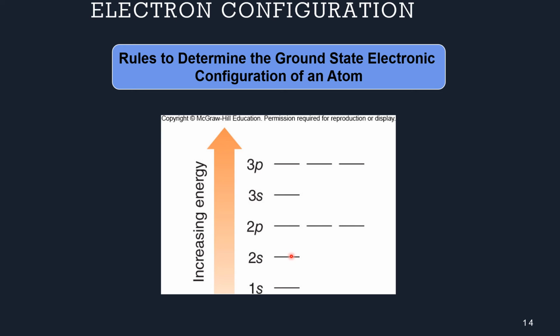Our second shell, the p subshell, has 3 orbitals. Third shell, subshell s has 1 orbital. Third shell, subshell p has 3 orbitals. You can put 2 electrons in each orbital. So this table is actually pretty useful.